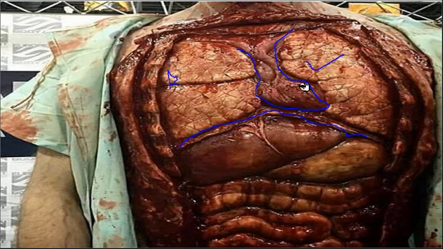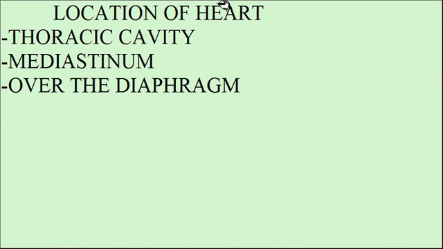Are you able to see that there is some depression here in the left lung? This depression is known as the cardiac notch.